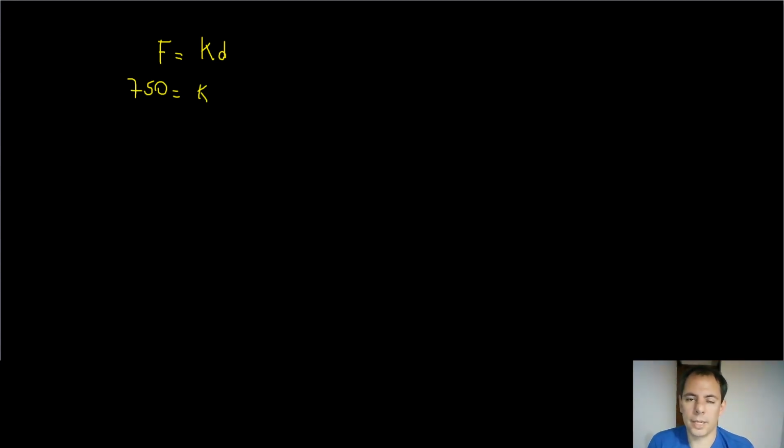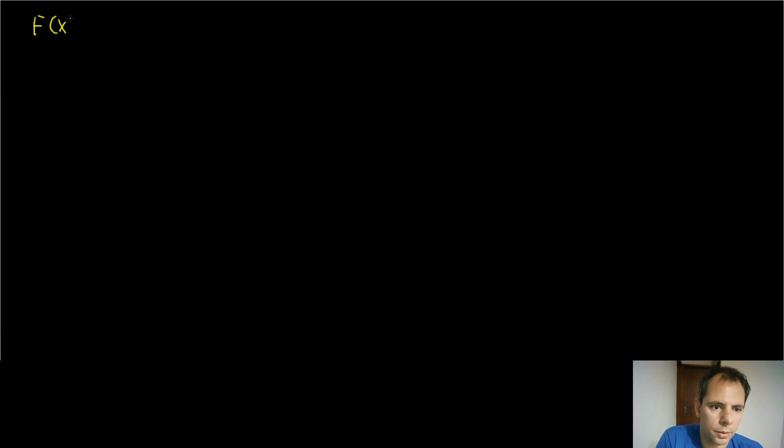It's being compressed 3 inches, so you put the distance 3 in here. So we know that K equals 250. Therefore, for this spring in this exercise, the force required is going to be equal to 250 times x.